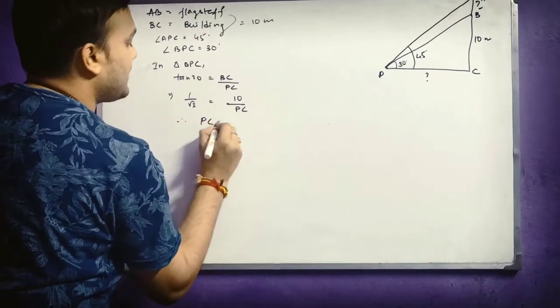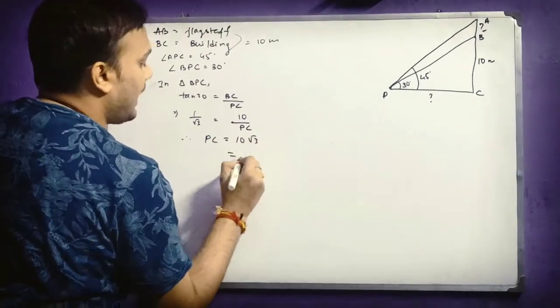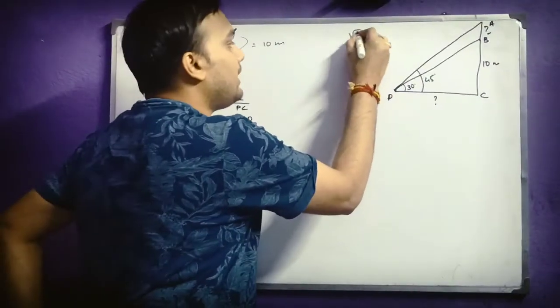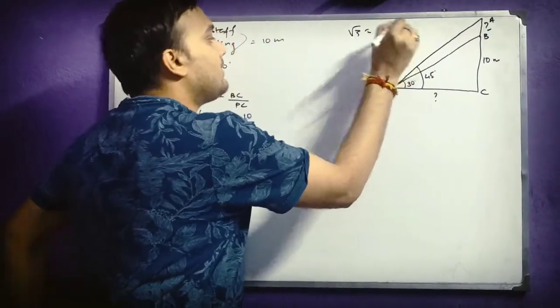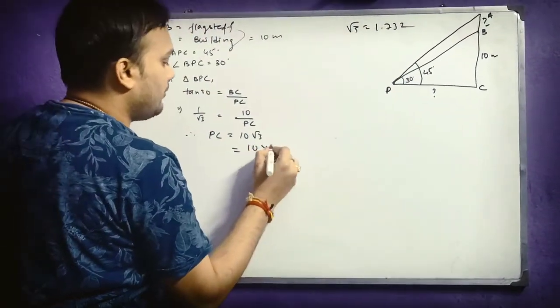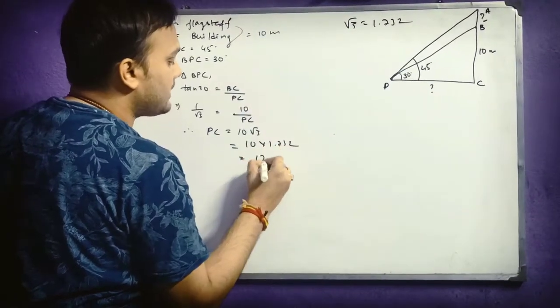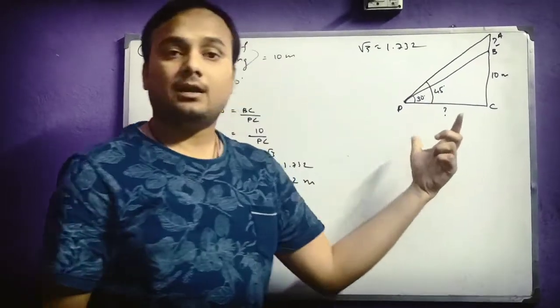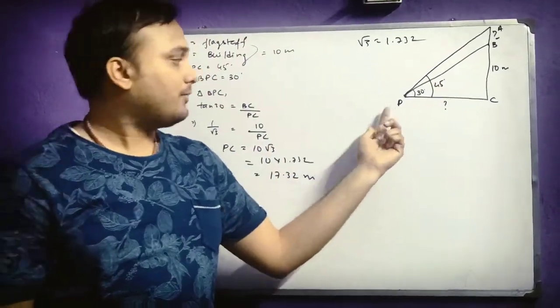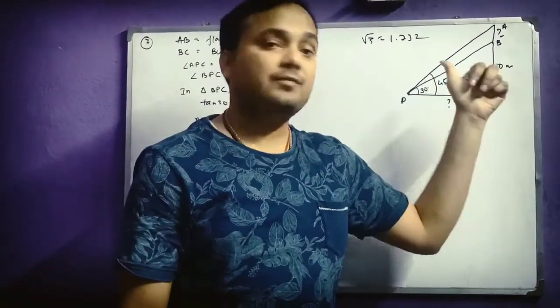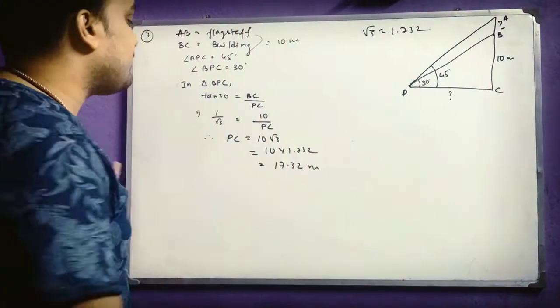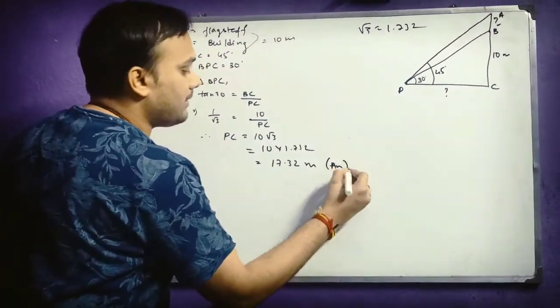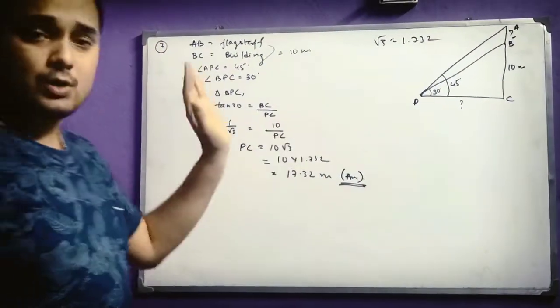Therefore PC equals 10 root 3. The question says to use root 3 equals 1.732, so 10 into 1.732 gives 17.32 meters. So PC, the distance of point P from the foot of the building, is 17.32 meters, which is our answer, as it is asked in the question.